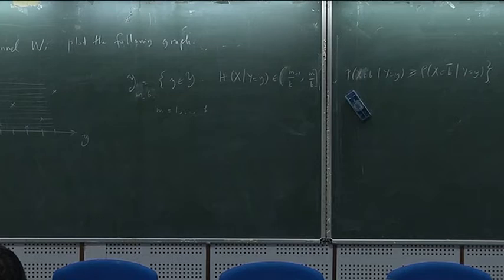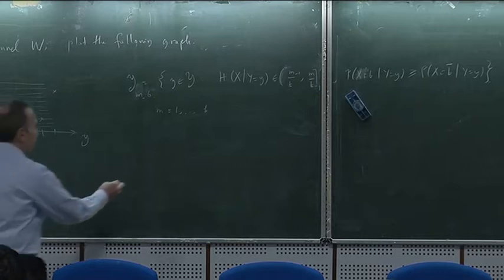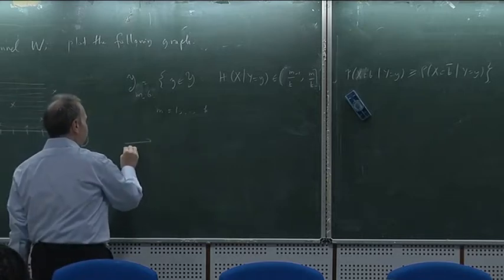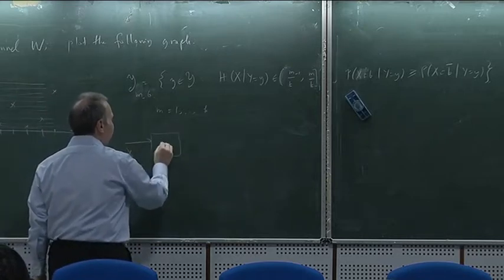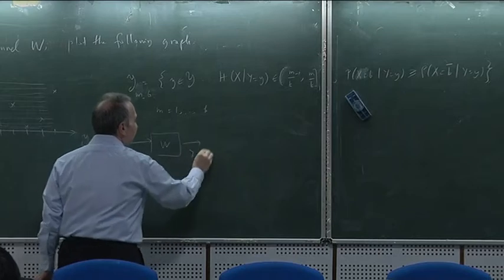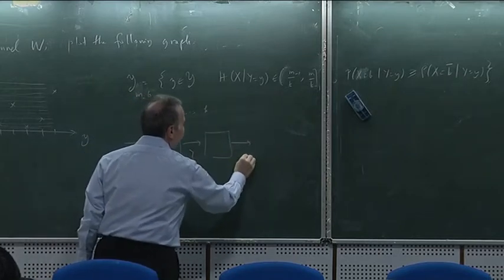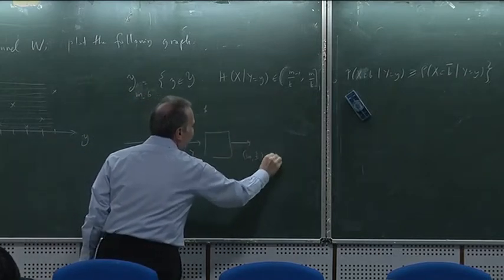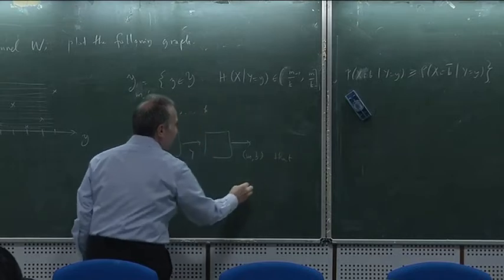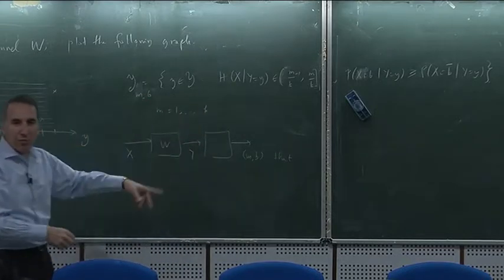All right. And now, simply, your processor is to simply output M, B. So now we have the X, W, Y, and here the M comma B, that's the class into which the Y falls.